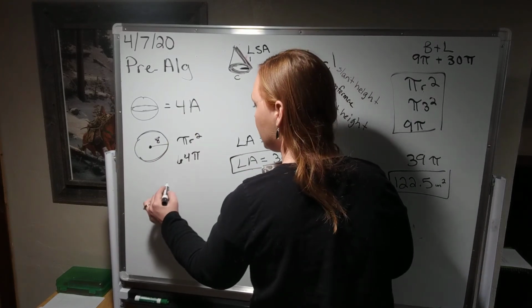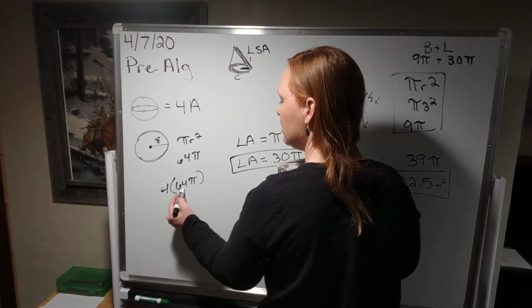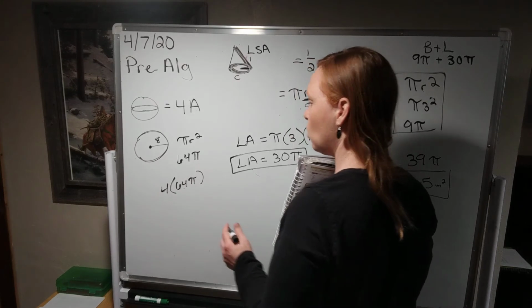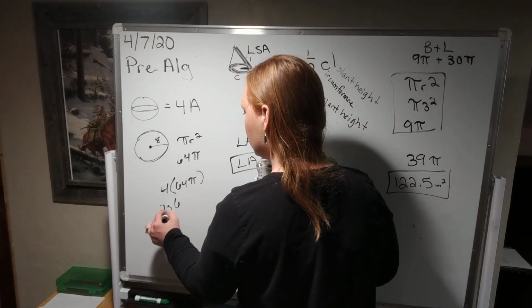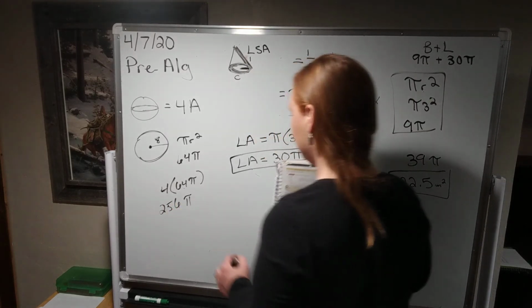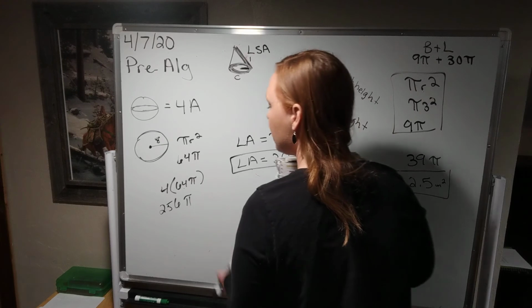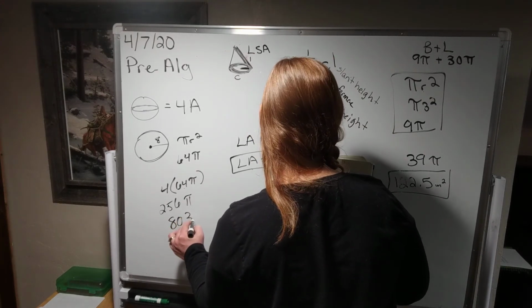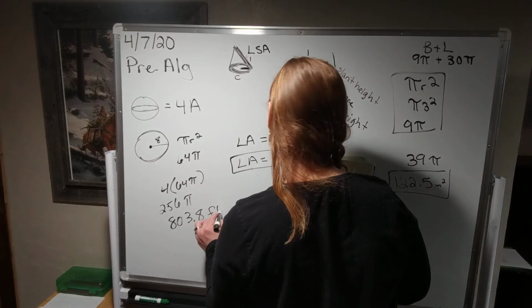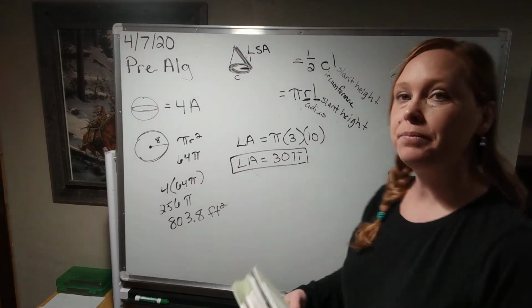Now let's go ahead and plug that in. 4 times 64 pi. 64 times 4 is 256 pi. We can multiply that times 3.14 and we will get 803.8 feet squared. And that is the surface area of a sphere.